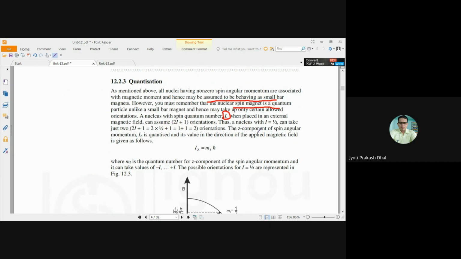For example, if a nucleus has I equals half, then the number of orientations equals 2I plus 1, that is 2 into half plus 1, that is equal to 1 plus 1, 2. So it will possess 2 orientations.